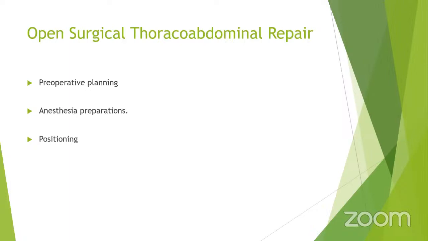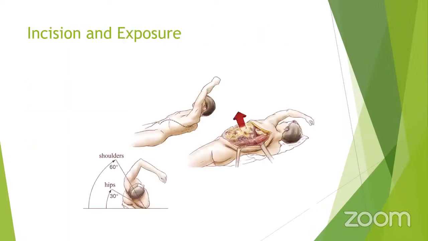A spinal drain is placed for spinal protection, which is also going to be covered in today's talk by another colleague. A double lumen endotracheal tube is used to isolate the left lung during the thoracic aortic exposure. And the patient is usually positioned in a semi-left lateral position with the shoulders at 60 degrees and the hips at 30 degrees, as you can see in this picture.